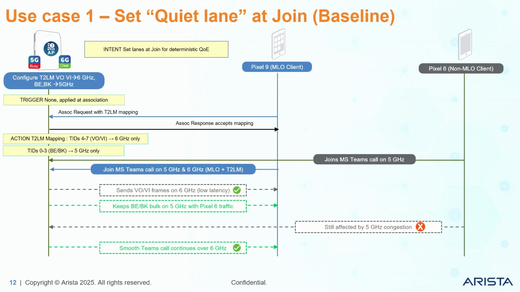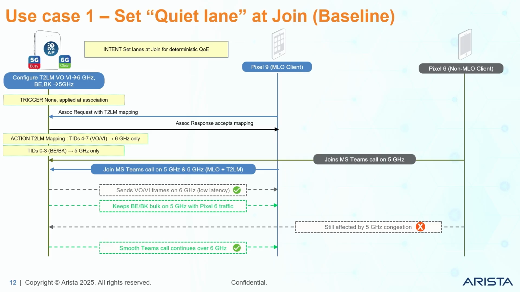Voice and video should go on the 6 gigahertz link, and BE and background can go on 5 at the time of the association itself. The advantage we get is when you make the calls, it will ensure that the voice and video go on 6 gigahertz, keeping the bulk of background on 5.